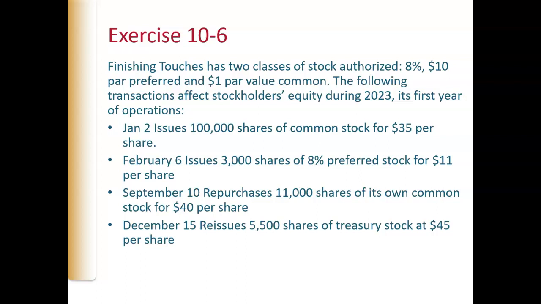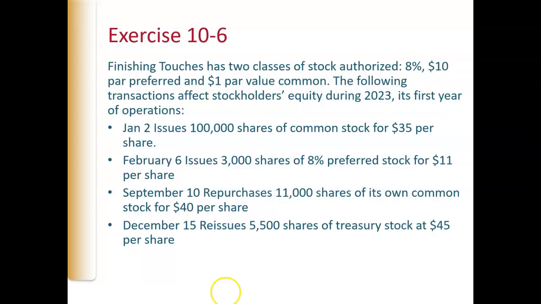On February 6th, we issued 3,000 shares of 8% preferred stock for $11 per share. And on September 10th, we repurchased 11,000 shares of its own common stock for $40 per share. Then December 15th, we reissued 5,500 of those 11,000 shares at $45 per share.